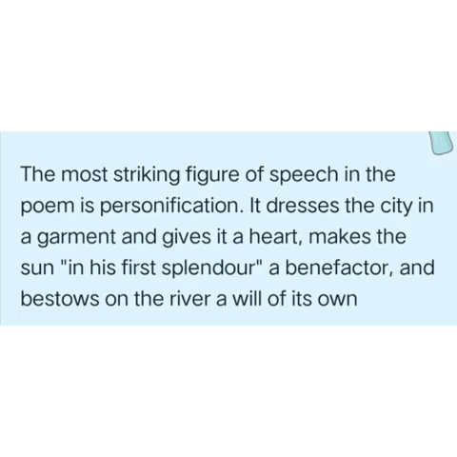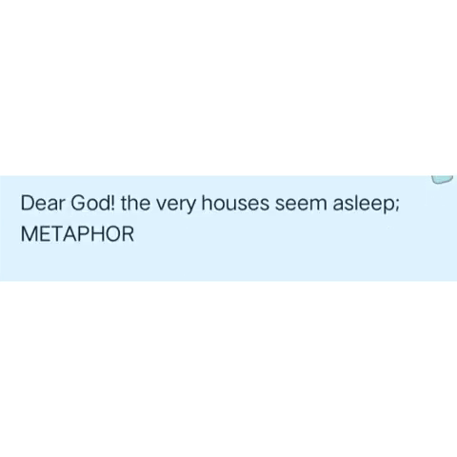Now I'll explain the figures of speech present in the poem. The most striking figure of speech in the poem is personification. It dresses the city in a garment and gives it a heart, makes the sun in his first splendor a benefactor, and bestows on the river a will of its own.